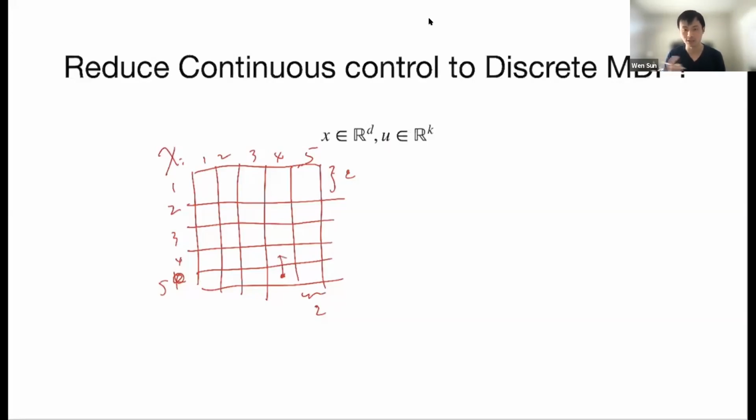Similarly, I can discretize the action space as well. Once we are done with discretization, we can start writing down the probability transition P and reward function R. We can do that, and if your problem is low dimensional, people actually do that. If your problem is truly 2D or 3D, you can do that.